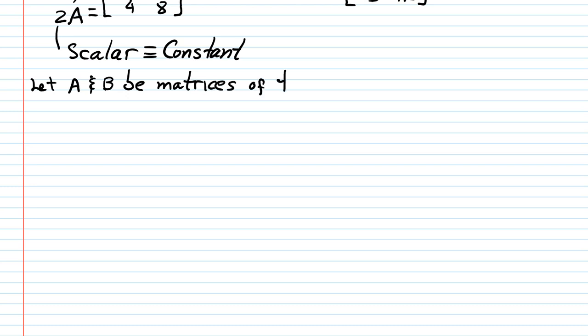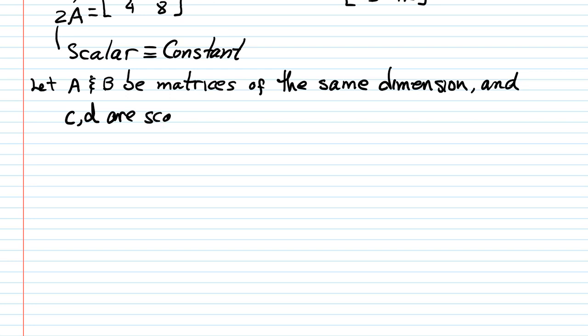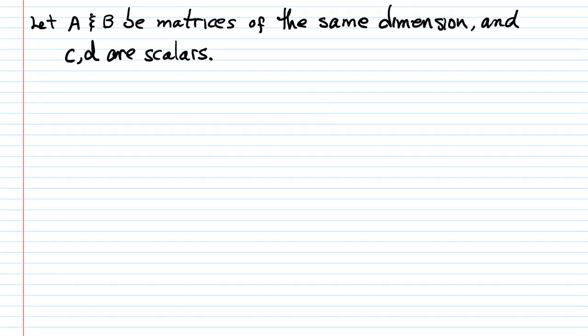So let me write that, of the same dimension or size. So they're both like 2 by 4, 3 by 7, whatever they might be. Same dimension, and then let's introduce two scalars. C and D are scalars. So we got two matrices and we got two scalars.